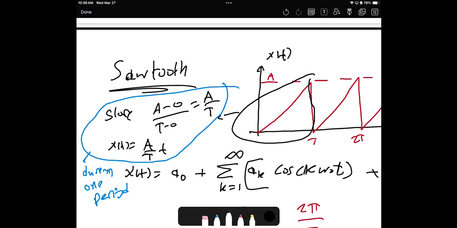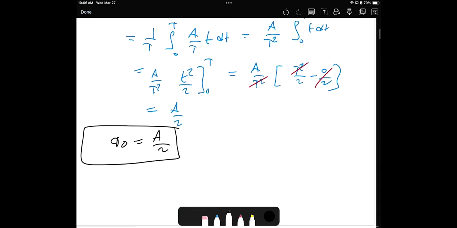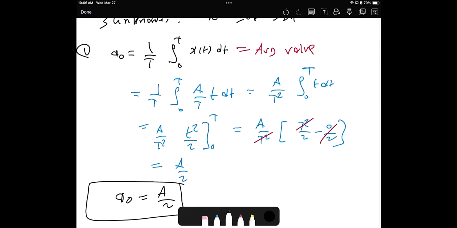The slope will be (A minus 0) over (T minus 0), which is A over T. Then x of t will be A over T times t. Substitute it there and do the integration, and the result is A over 2. This is a0.